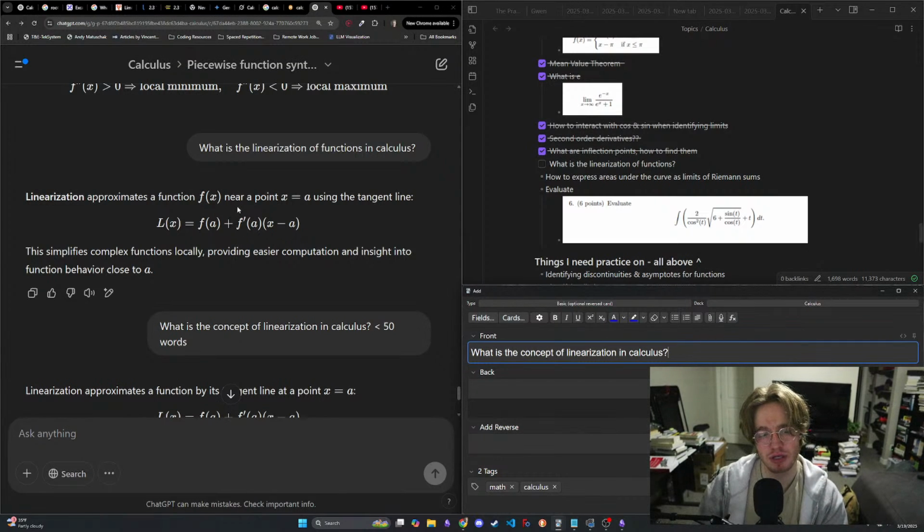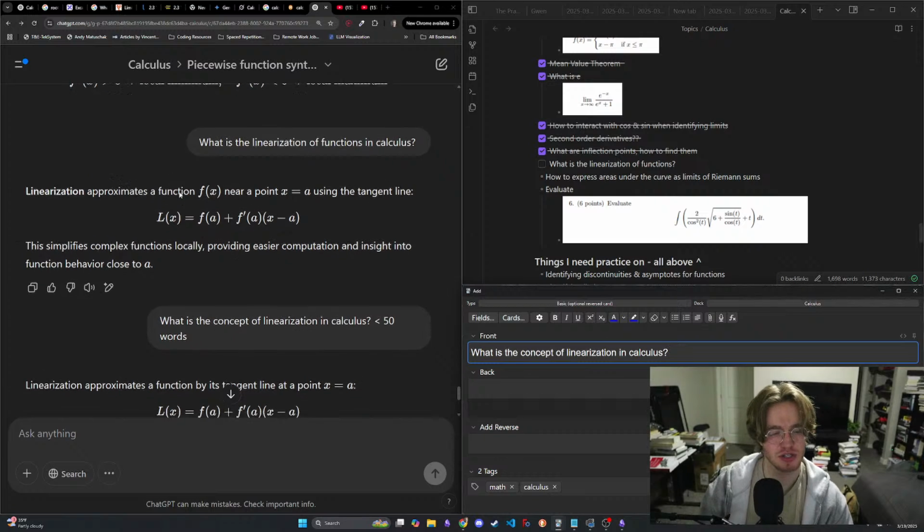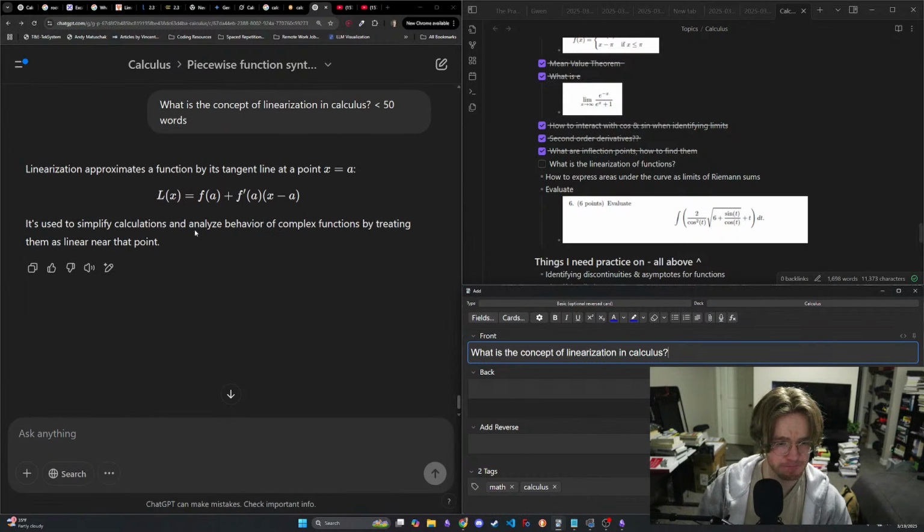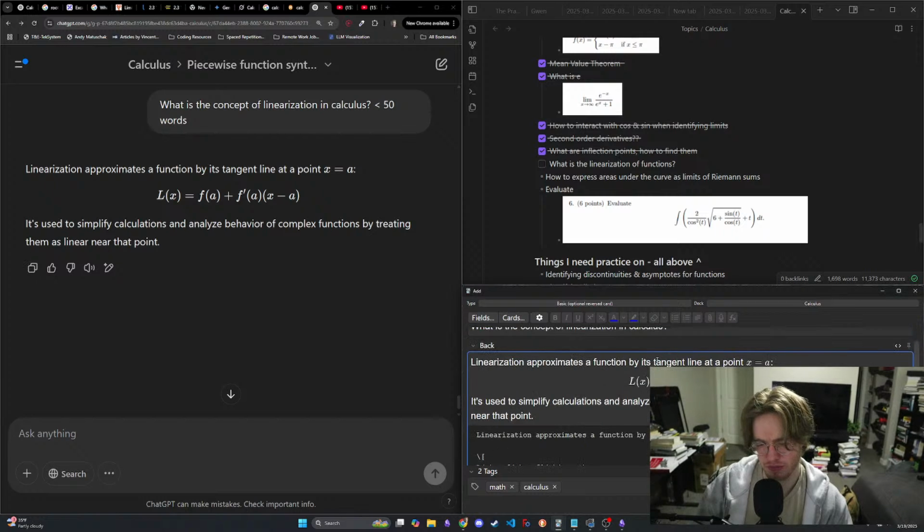This simplifies complex functions locally, providing easier computation and insight into function behavior close to a. Okay, we'll look at this formula. So, it approximates a function by its tangent line at point a.